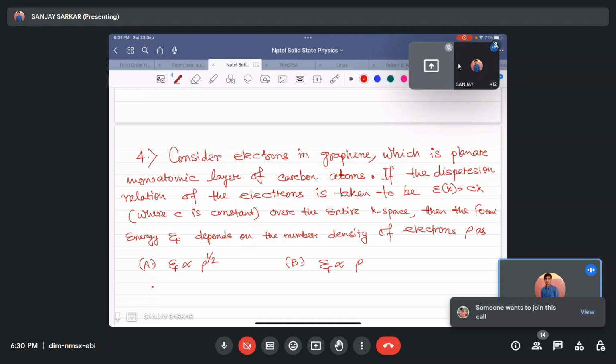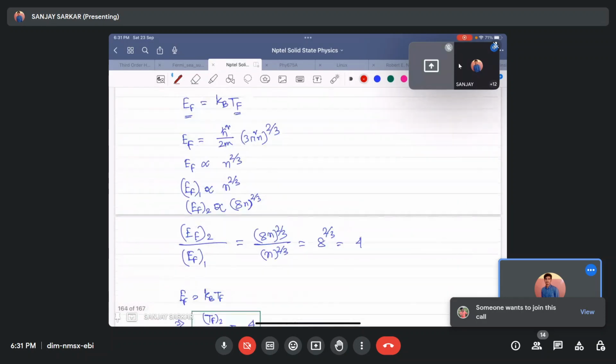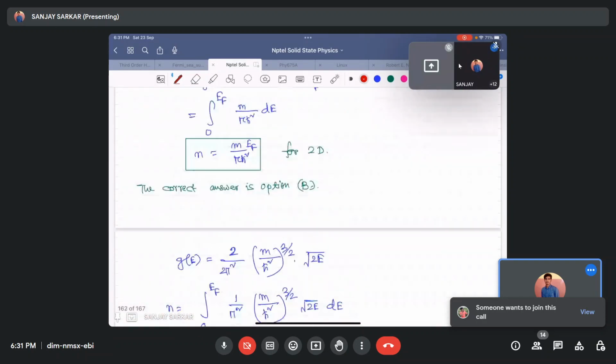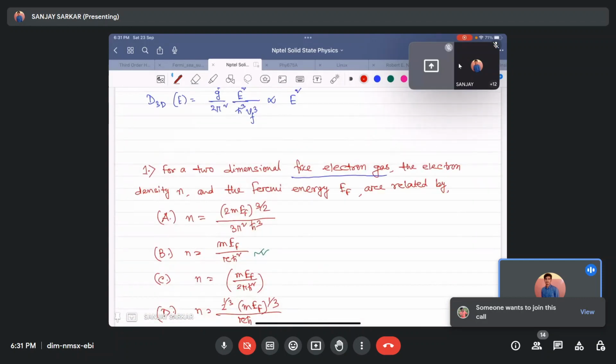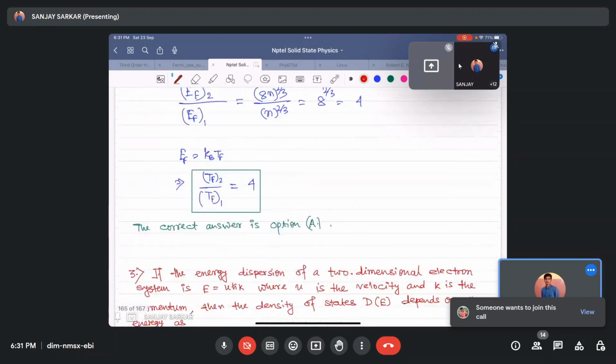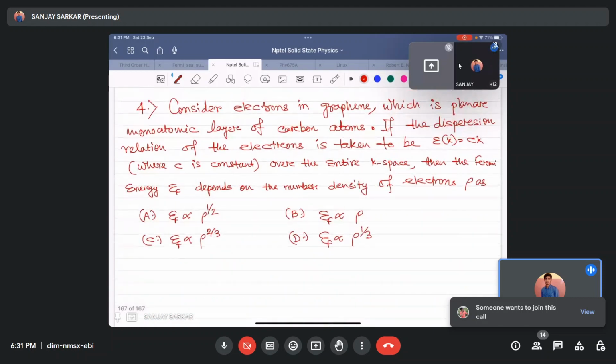Option C: epsilon f proportional to rho to the power 2 by 3, and option D: epsilon f proportional to rho to the power 1 by 3. So these are the options. Calculate this. This kind of problem I have already solved. That was question 1, which was similar to this one. So please look at question 1 and solve this one.